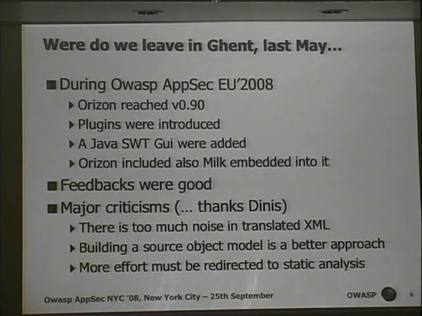Last May in Ghent, during AppSec Europe 2008, the Horizon project reached version 0.90. That's quite good, stable, and quite usable. And plugins were introduced. I built this framework, and I built the capability to extend it by writing external Java jar archives.